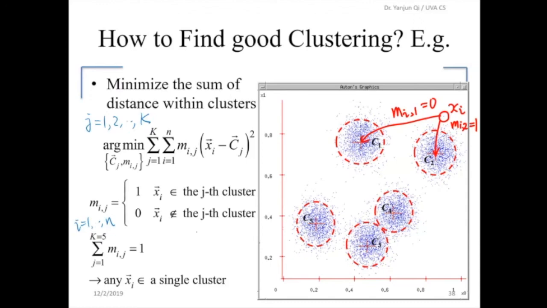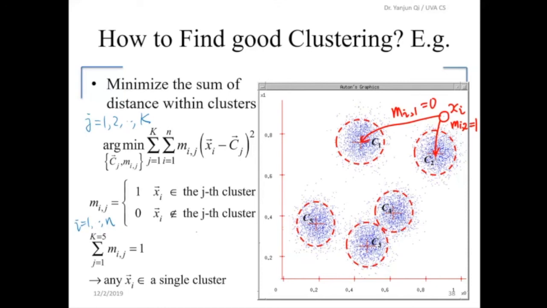My goal is to minimize the within cluster distance. But from the beginning, what you are given is only x. You don't have anything else, right? You don't know c, you don't know m, and those are the parameters you need to search for.